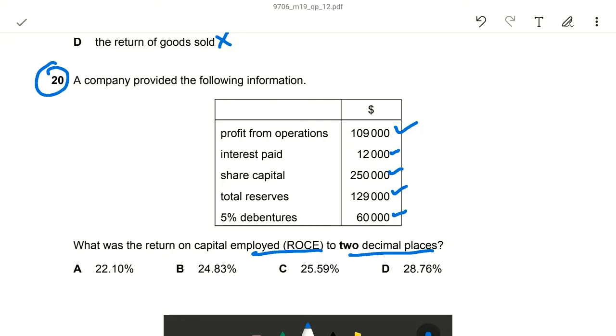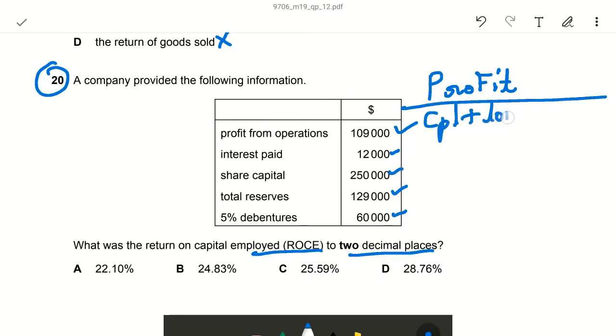So here profit is given as 109,000. Share capital is given, and debenture. What is the equation for capital employed? Profit divided by capital plus long-term liability.